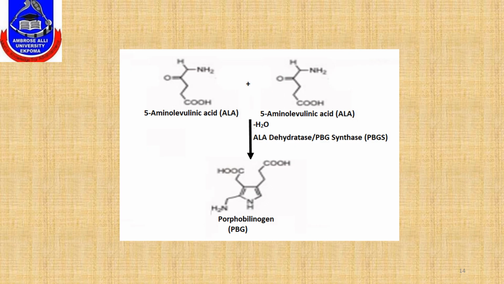after which it migrates out to the cytoplasm, where two molecules of ALA condense together with the elimination of a water molecule to give you porphobilinogen. That reaction is catalyzed by ALA dehydratase.